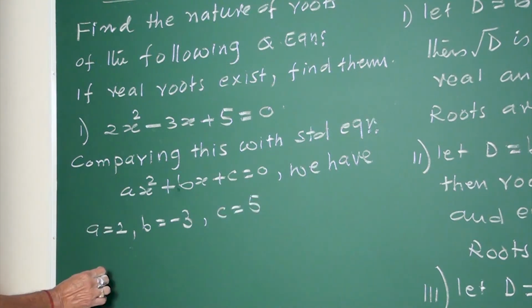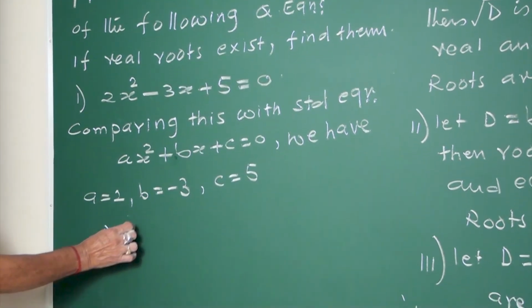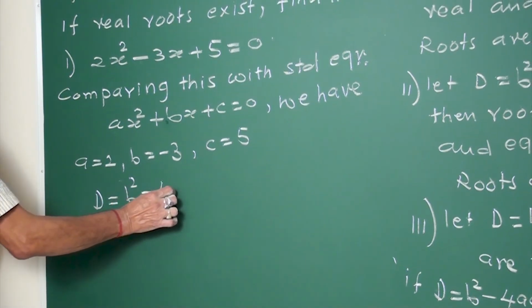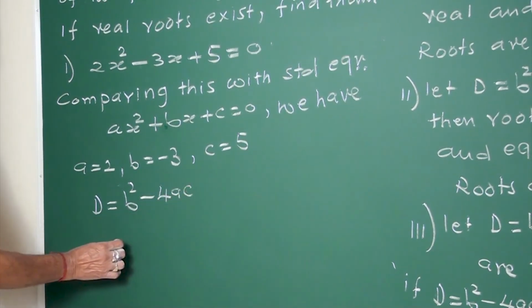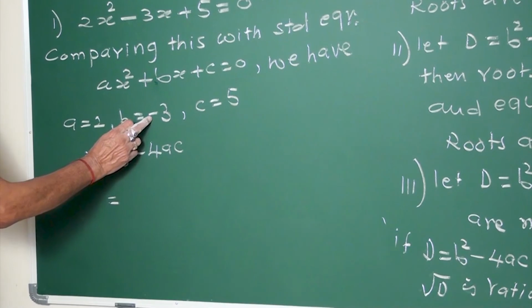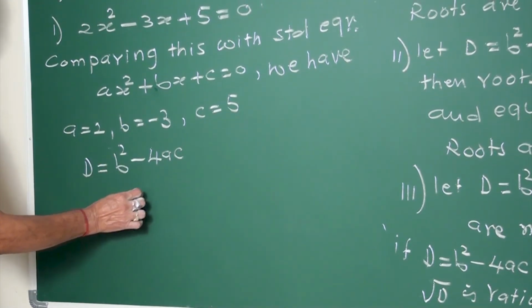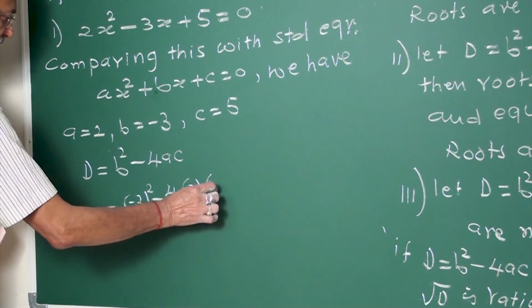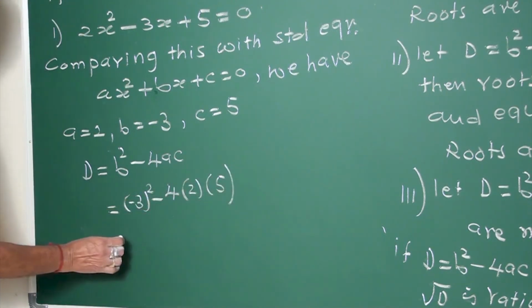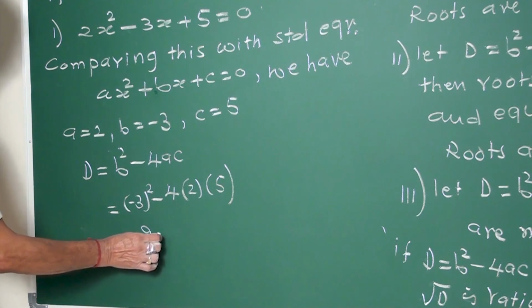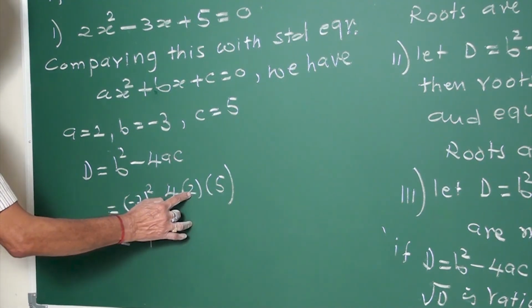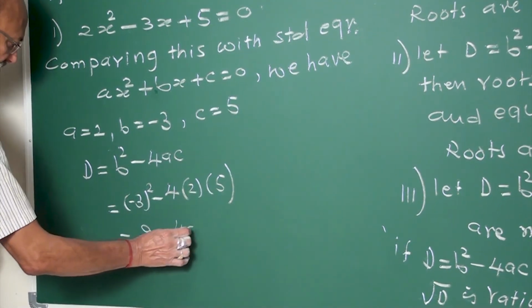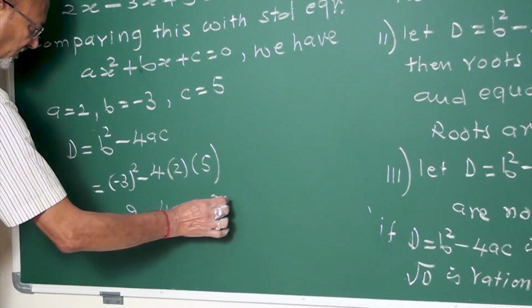You have to find the value of d. d is b square minus 4ac, that is minus 3 the whole square minus 4 into 2 into 5. That is 9 minus 40, which is minus 31.